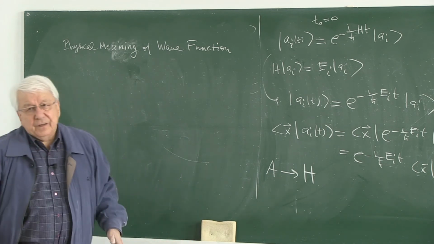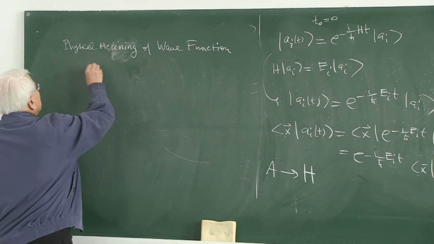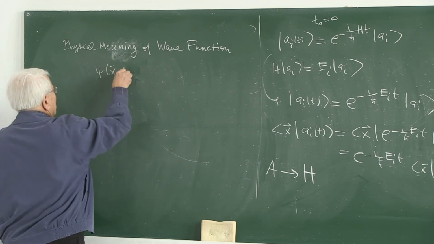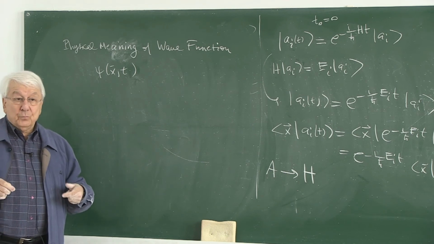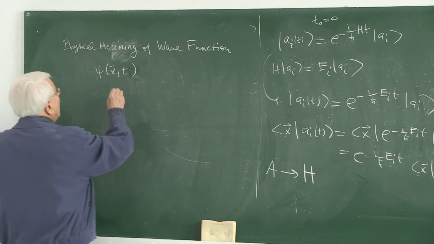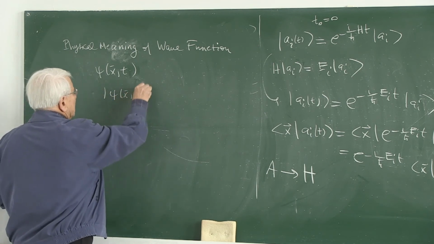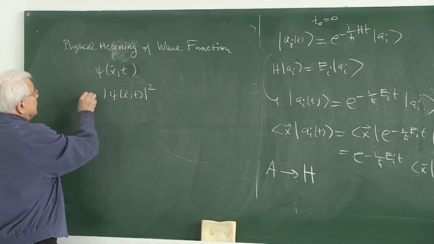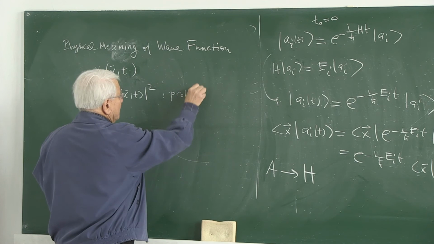Well, I have already mentioned that psi of x, t is the coordinate representation, that is, in the position operator eigenvector basis, and it has the following physical interpretation. The mod squared is the probability density.